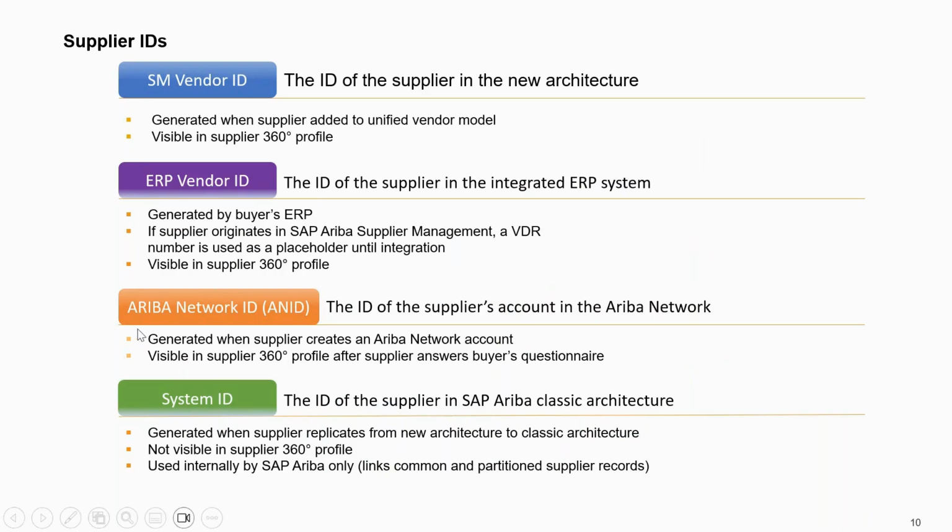The Ariba Network ID is a unique number on the Ariba Network, or SAP Business Network platform. We call it ANID. ANID has a concept of ANID hyphen T for test, while production has its own Ariba Network ID without the hyphen T. This gets assigned the moment a vendor creates their own account on the Ariba Network.